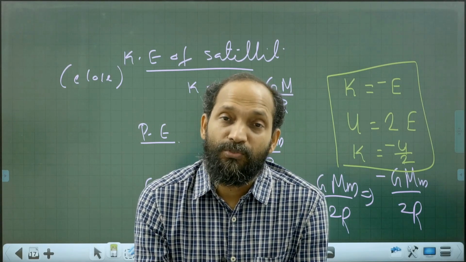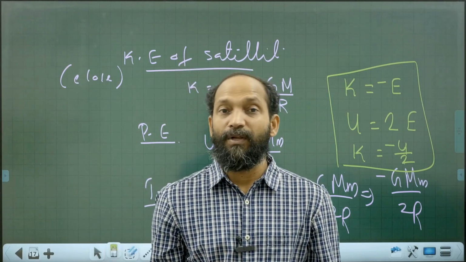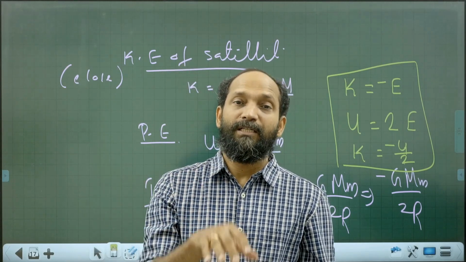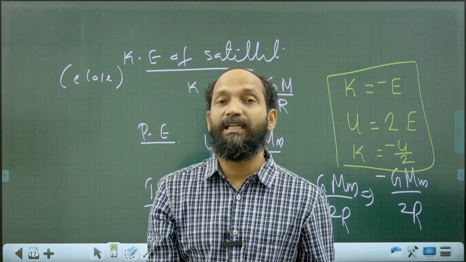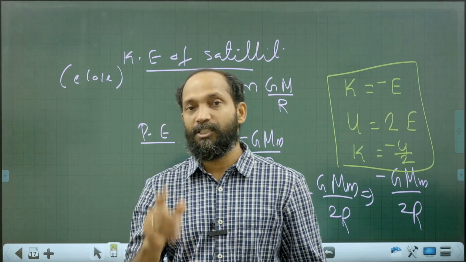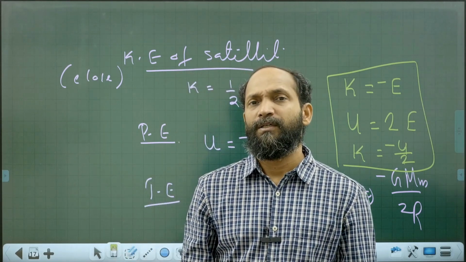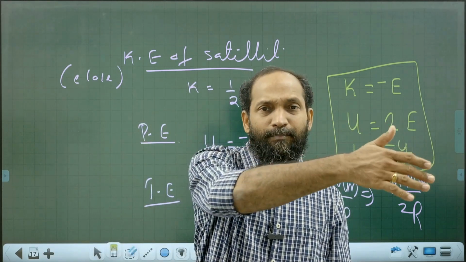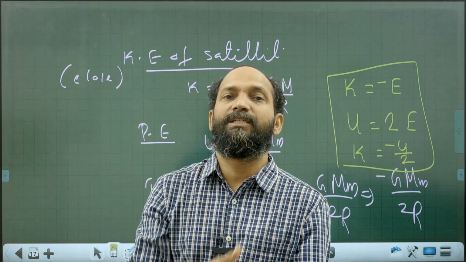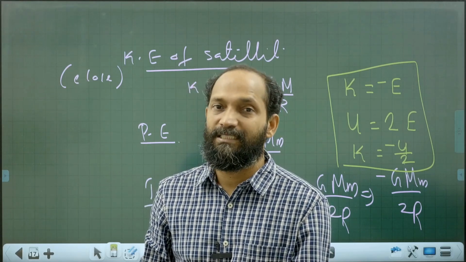It is because the entire force of gravitational attraction from the planet on the person inside the satellite is completely utilized as centripetal force. The role of that gravitational force is only to make the person inside the satellite also move in a circular orbit like the satellite.